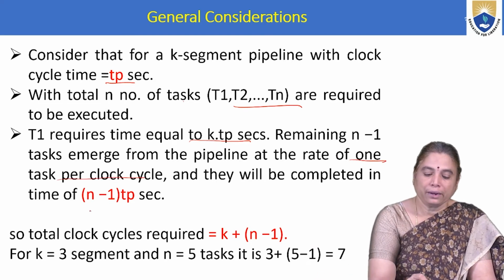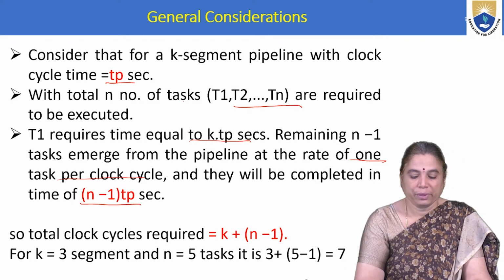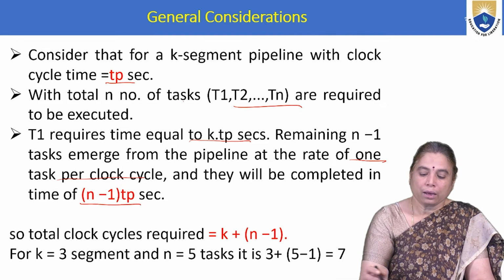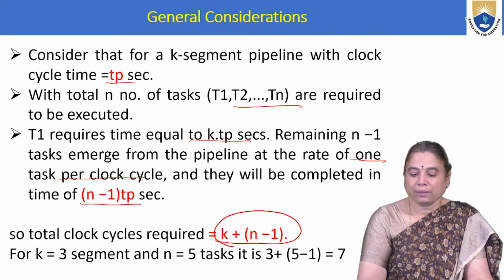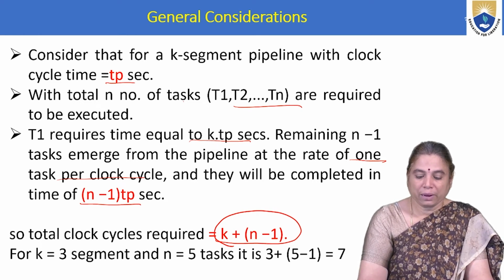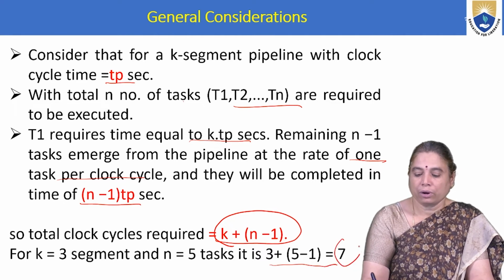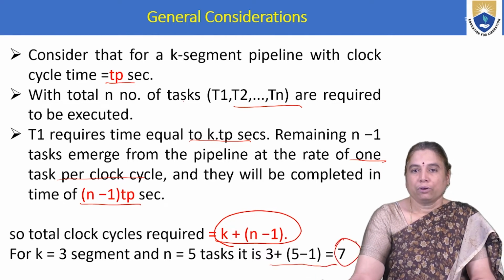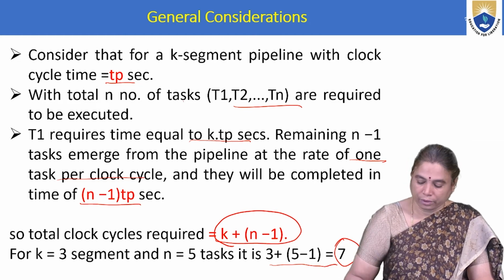They are completed in (n-1) tp seconds. So total clock cycles required can be calculated as k plus n minus 1. So if k is 3 segments and n is 5 tasks, 3 plus 5 minus 1, 7 cycles are required to execute the tasks.